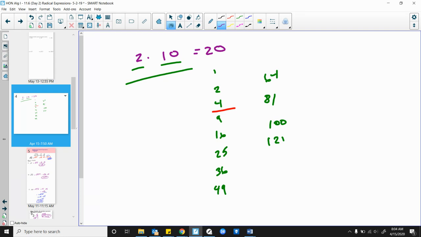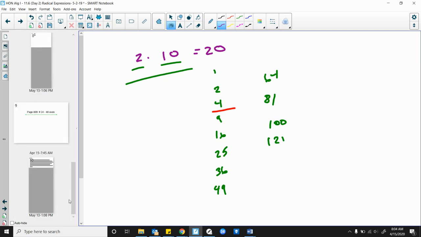Nope, doesn't work. 108 divided by 49. Nope, doesn't work. 108 divided by 36. Oh, that goes in clean, 36 and 3. So go back over to your problem now. We know that 36 times 3 is going to get us 108.